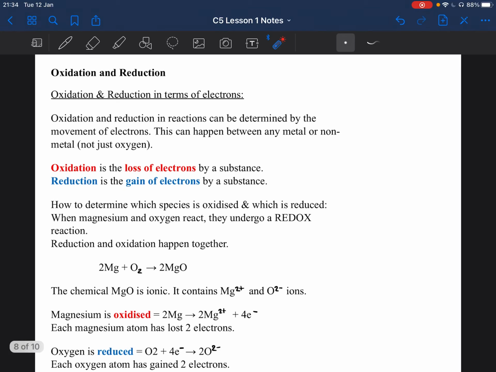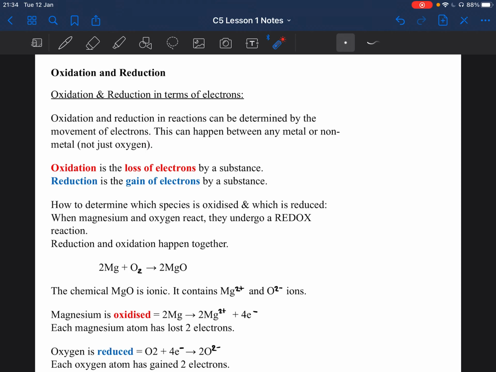If we go into the more complicated version of oxidation and reduction, and for those of you doing triple chemistry, they are going to refer to it more often than not in this version. We need to talk about electrons and the movement of electrons. So we can determine if something has been oxidized or reduced by looking at how electrons have moved.